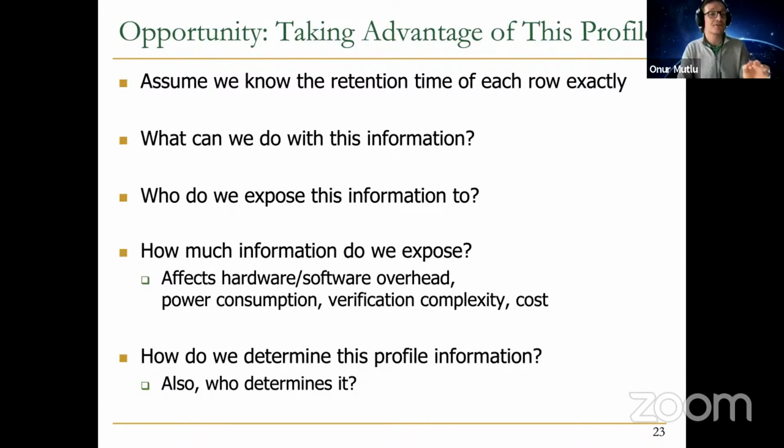because DRAM cells sometimes change their retention times dynamically. For example, if you observe a DRAM cell right now, it may retain data for 100 seconds. And that's true, actually. There are some DRAM cells that can retain data for 100 seconds. But later, let's say 1 day later, you test this DRAM cell and check how long it retains data.